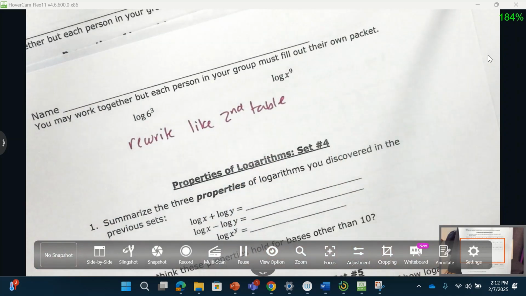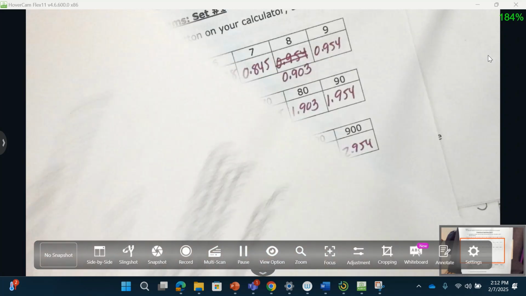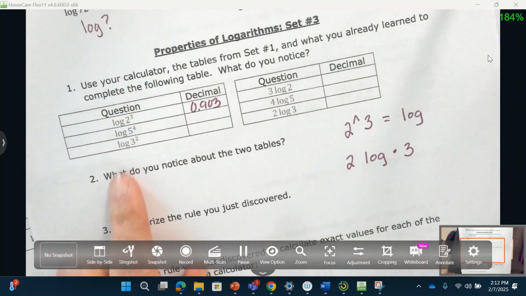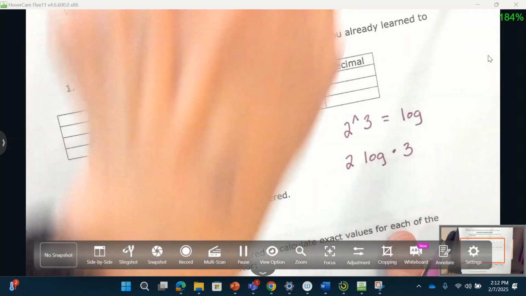So those with the 6 to the third power and x to the 9th power look like this table right here. I want you to rewrite it so it looks like this table right here.